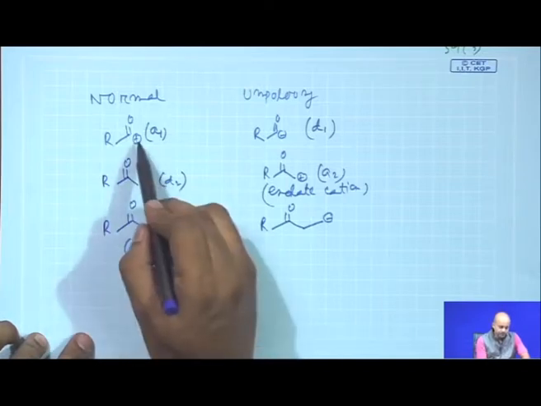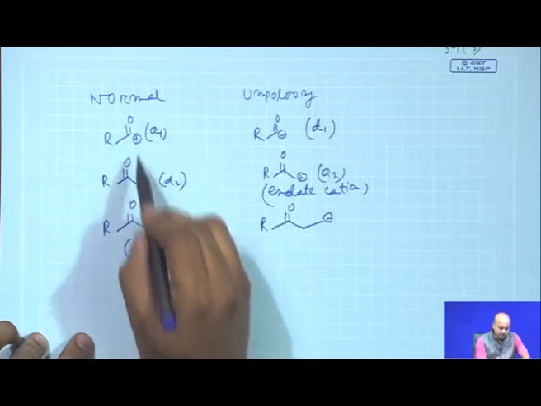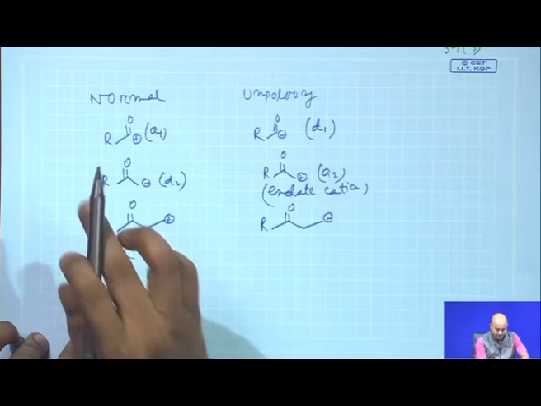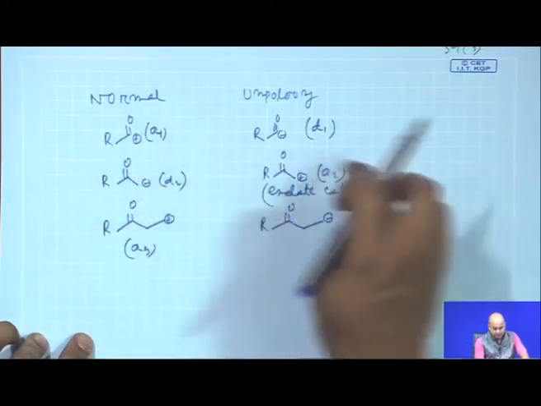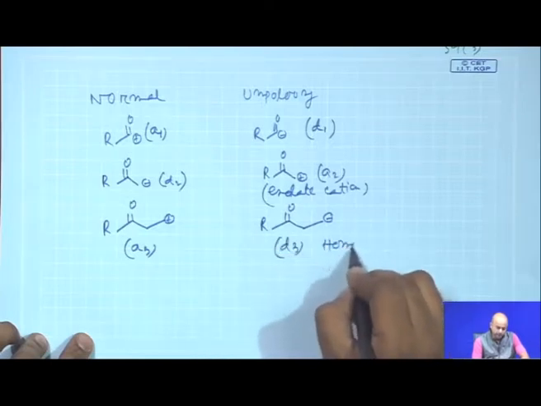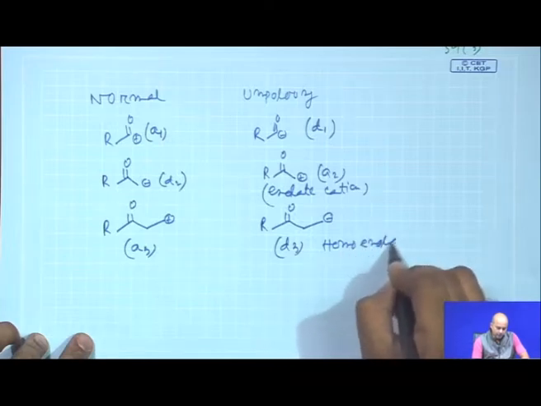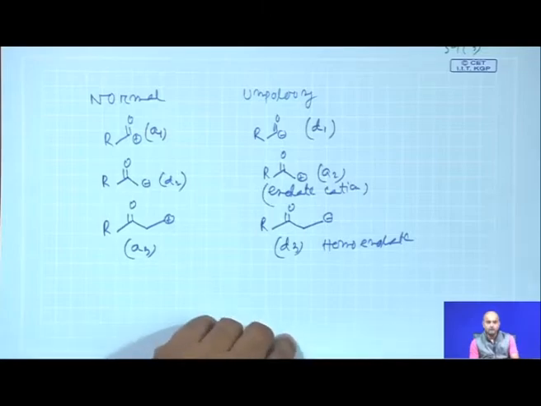Normally carbon prefers plus, minus, plus, so the charge reverses in this way: plus, then minus for the enolate, then plus, then minus. In this case it will be a D3, called a homoenolate. This is just terminological disconnection. We are not going to talk in detail about how these species are generated, because it is beyond our scope.